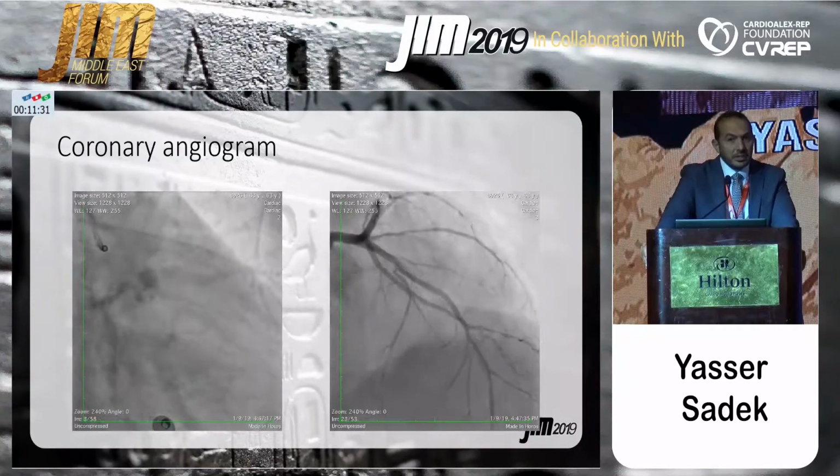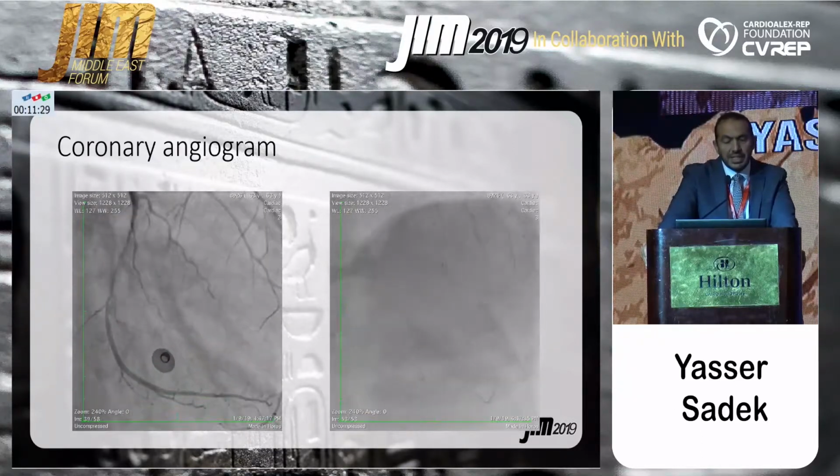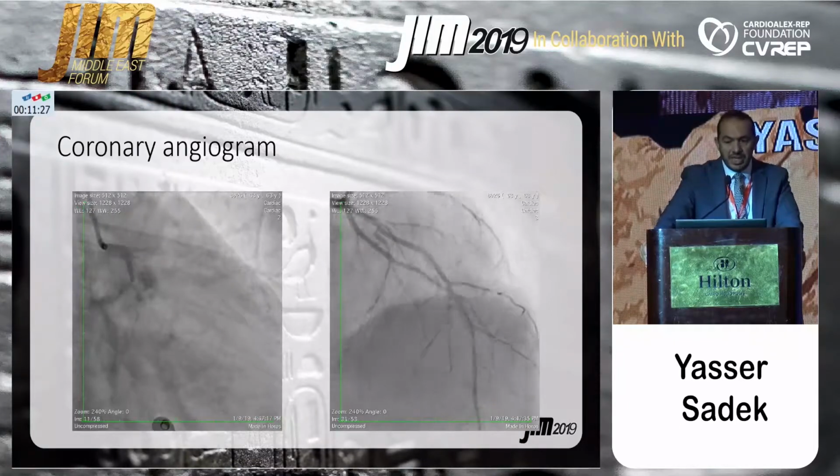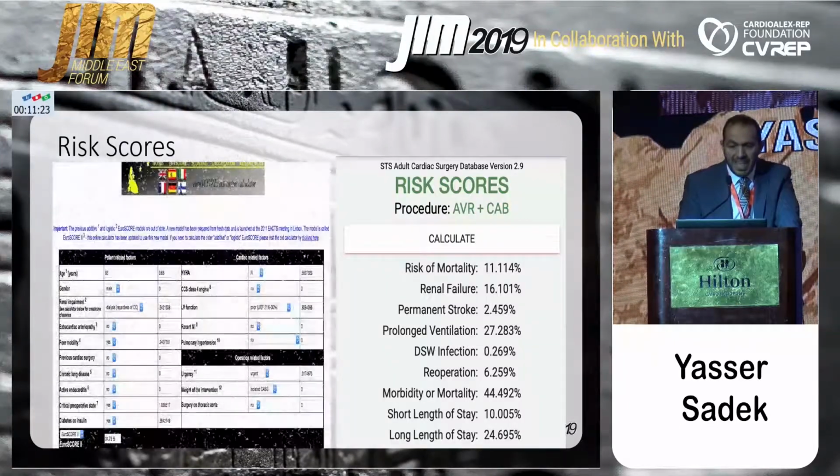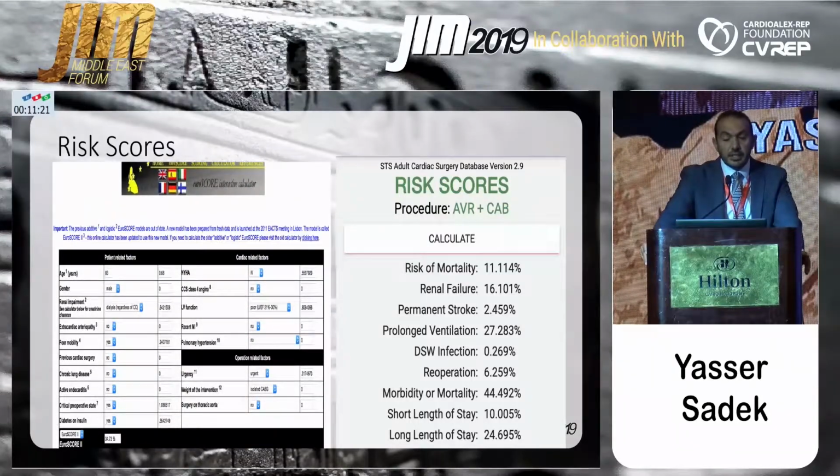This is not a stent, this is a calcification. And he has a mid lesion at the LAD. And these are his risk scores, very high, for mortality, for morbidity, for long stay in the ICU. This is the STS score and EuroSCORE. So this patient is very high risk for surgery.